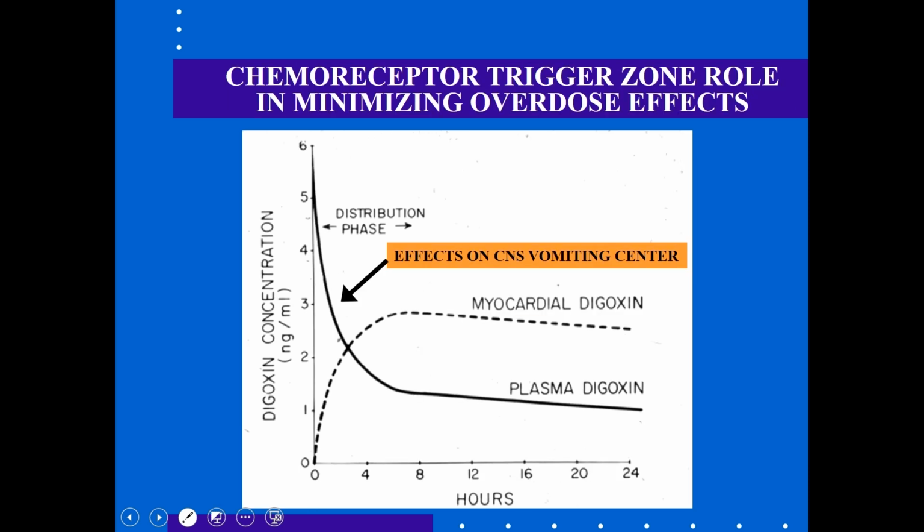Now, another consequence of this disparity is that the digoxin, if ingested in a suicide attempt, say, can distribute very rapidly to the central nervous medullary vomiting center. And so the result of this action is that the patient will eliminate most of the ingested dose before it has a chance to kill them by working on their heart.